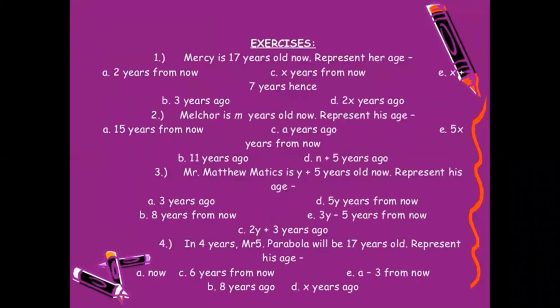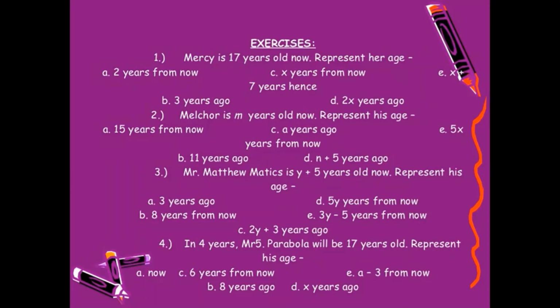So if you can take a screenshot of this, you will have to solve this one. Exercises for you. Mercy is 17 years old. Represent her age 2 years from now, x years from now, and x plus 7 years hence, 3 years ago.